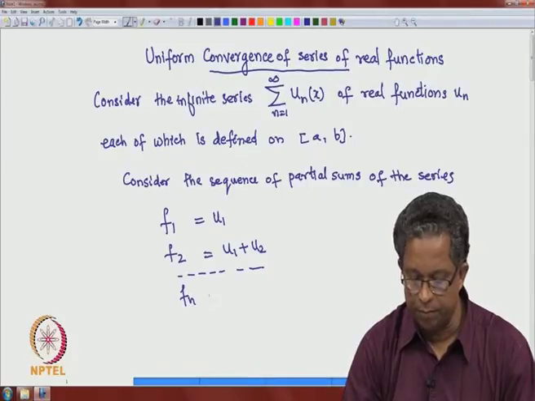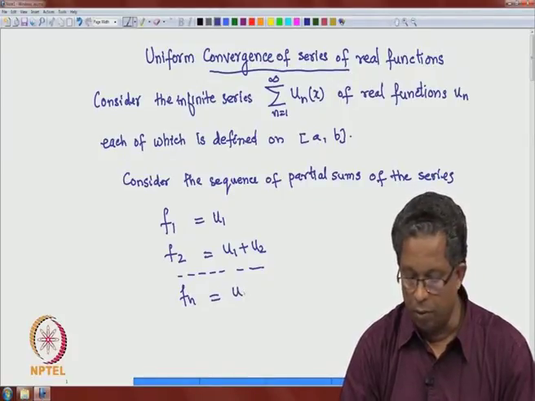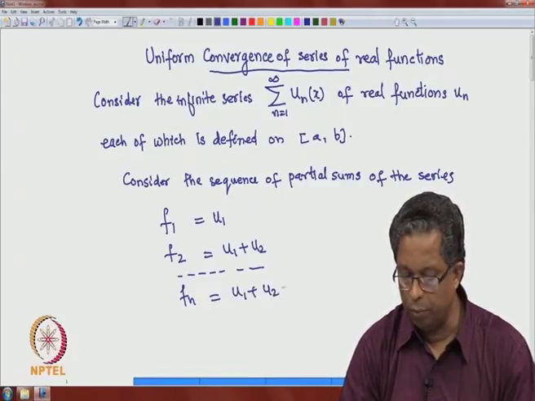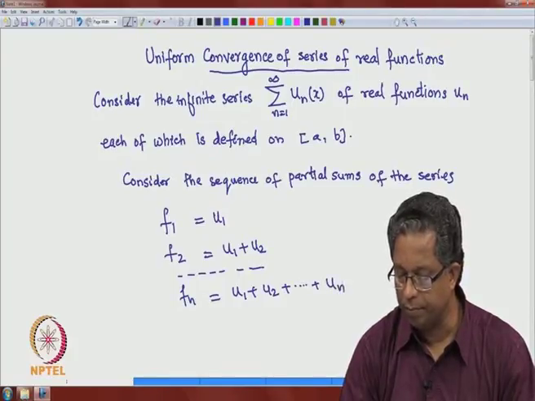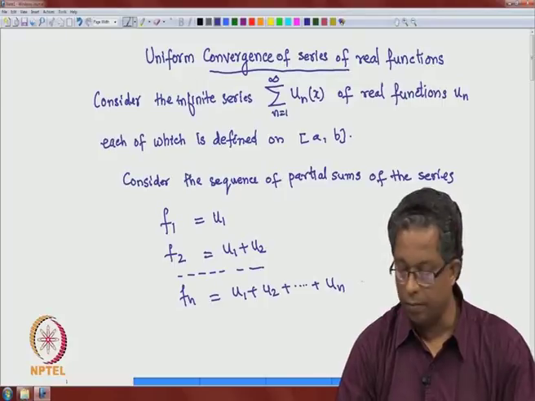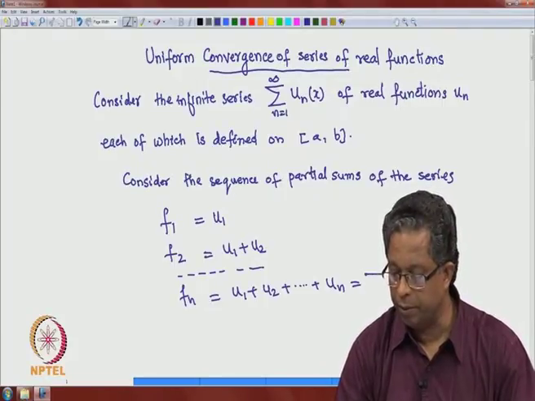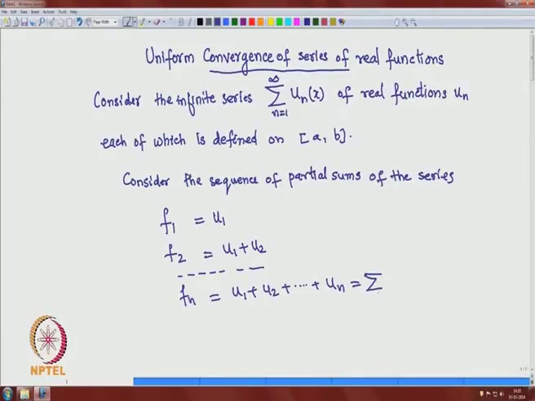Fn is u1 plus u2 plus etc. plus un. So that is summation i goes from 1 to n ui.